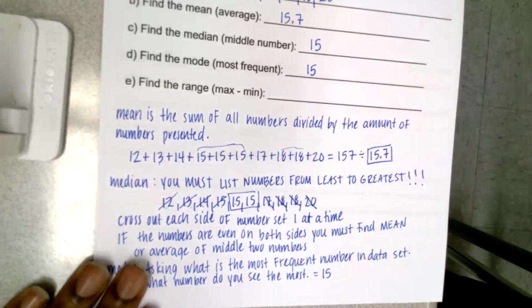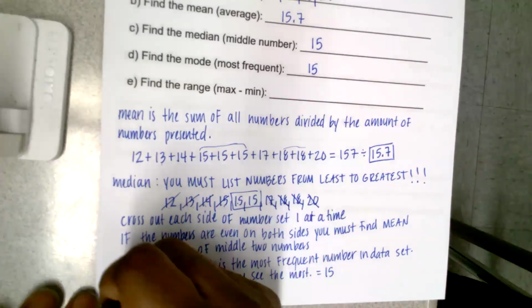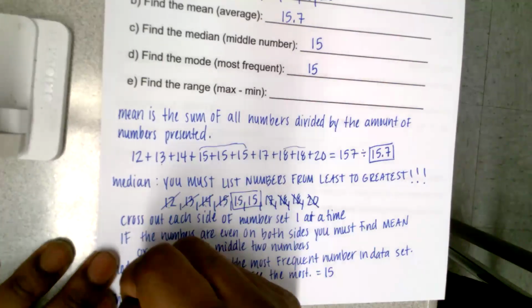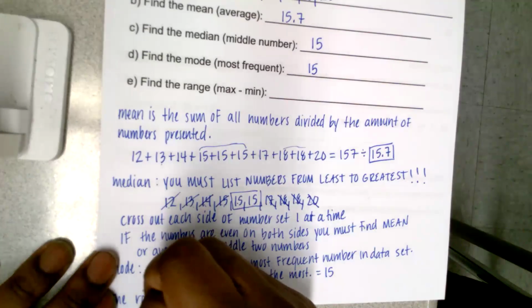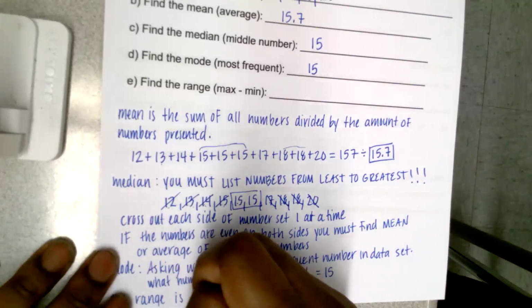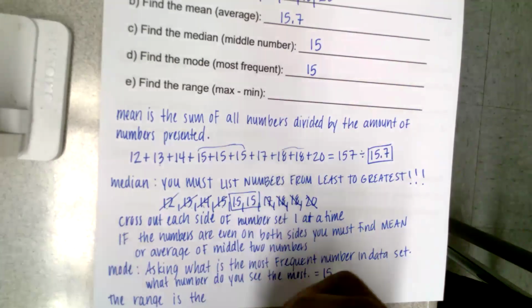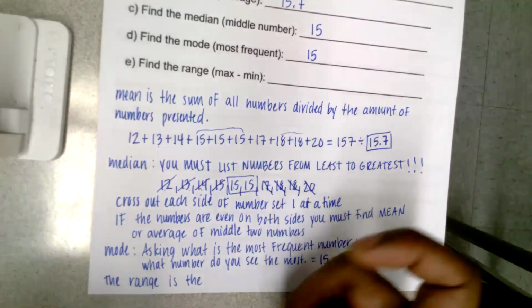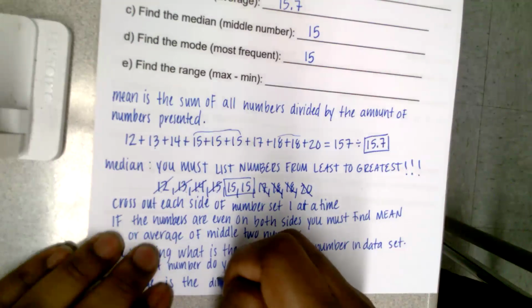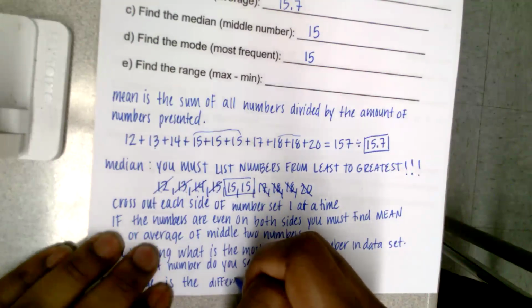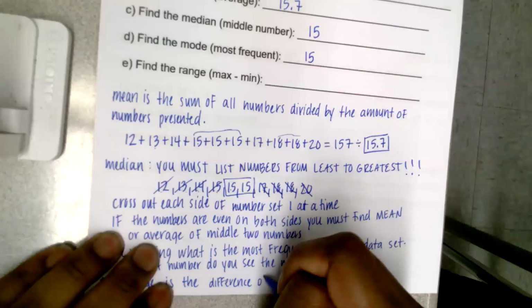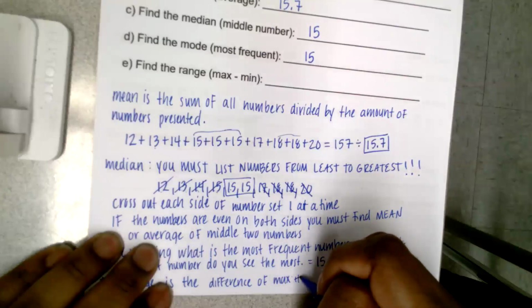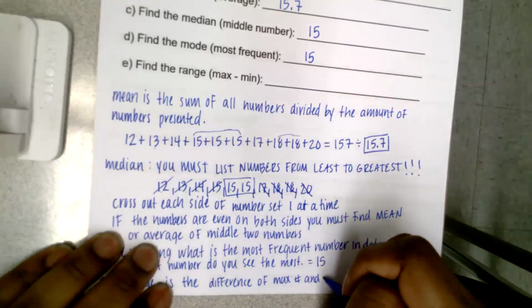And the range is the difference of maximum number and minimum number.